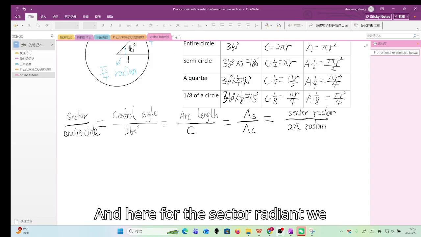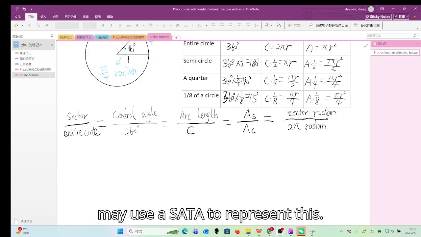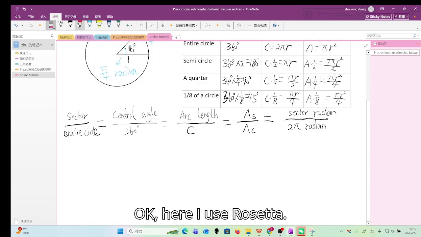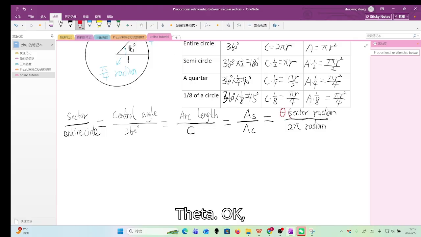And here, for the sector radian, we may use theta to represent this. Okay, here I wrote theta. That means it's a sector radian.